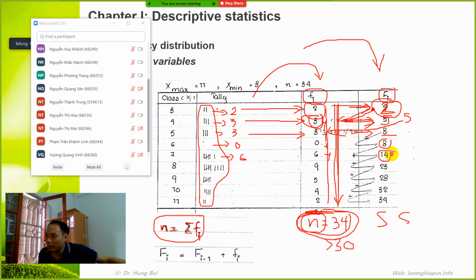Next one, take 14 plus 9 equals 23. And next one, and next one. So write them down. Do you understand the way to calculate relative frequency? Very easy, right? So finish that.